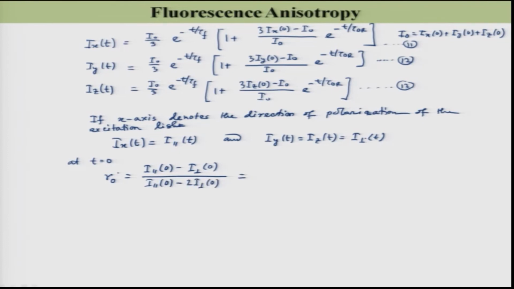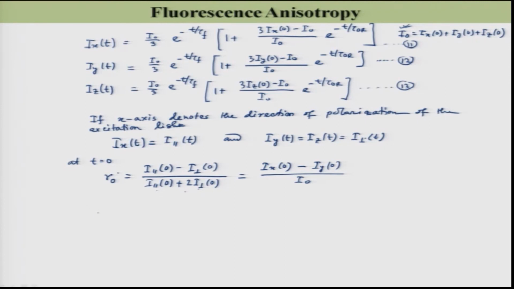Here, if I assume the x axis, I can write I x 0 minus I y 0 divided by I x 0 plus I y 0 plus I z 0. So, I x plus I y plus I z is nothing but this I 0, right.